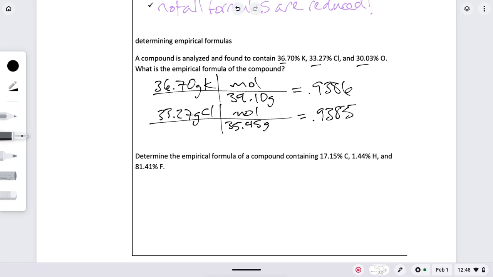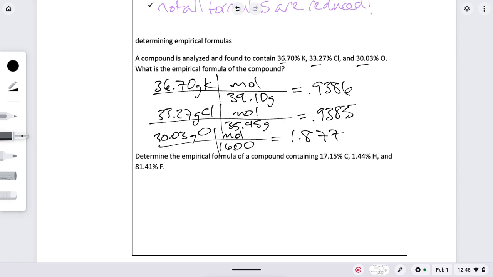Very similar to that first answer. And then I take my 30.03 grams for oxygen and divide by 16.00 grams per mole. And I get an answer that's more like 1.877, right? So that takes me to my next step.